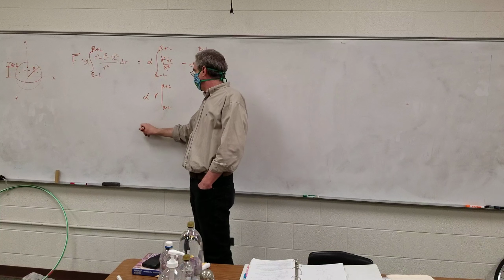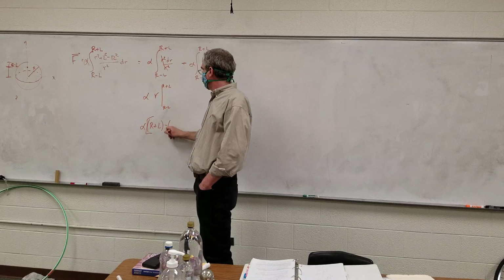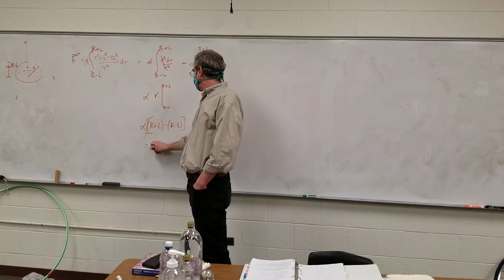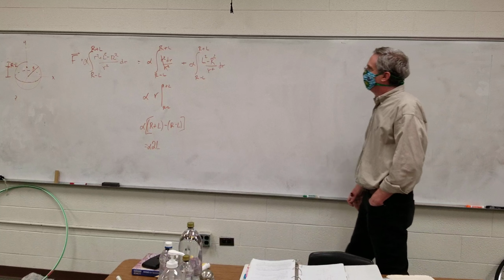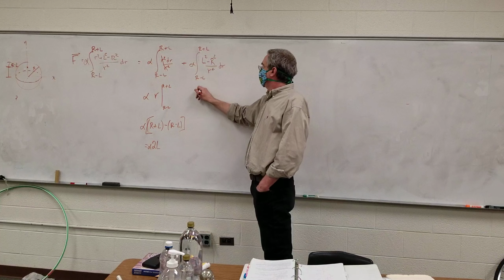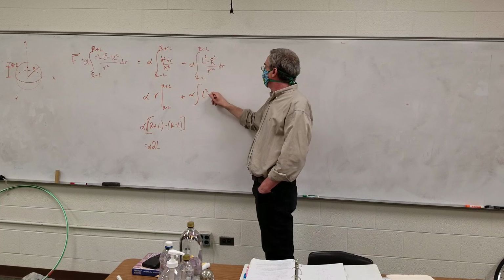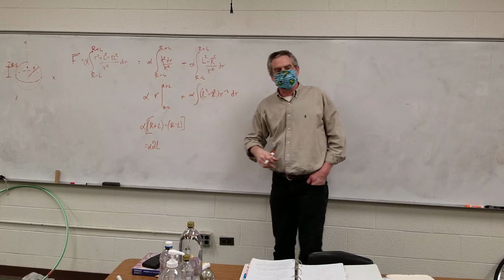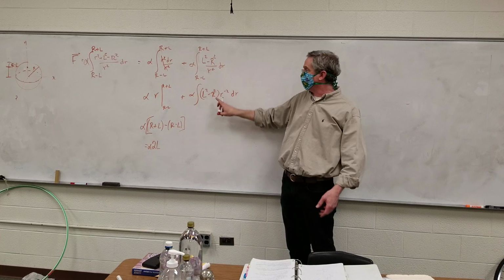Now let's go ahead and finish this one off. So that's alpha times R plus L minus R minus L, which is 2L alpha. Over here, we have my alpha up front, integral of L squared minus R squared, r to the negative 2 dr. I don't know which form you prefer, whether you prefer writing it like a fraction or the negative exponent.